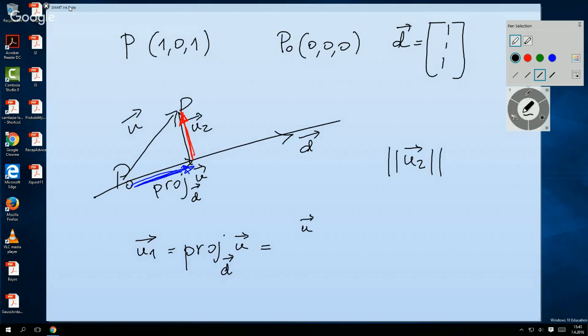The dot product of U with D divided by the square of the length of D times the vector D. And then U2 is nothing but U minus U1, where U is, of course, the vector that goes from P0 to P, and that's just P. In terms of coordinates, it's (1, 0, 1) because I've chosen P0 so that it's (0, 0, 0), just to make your calculations as heavy as possible.